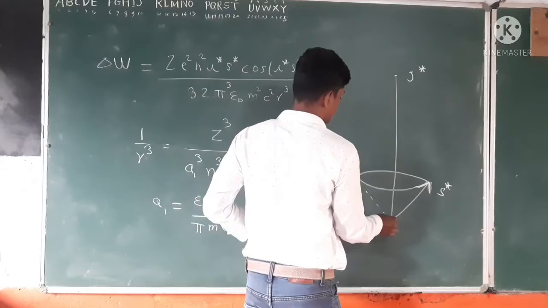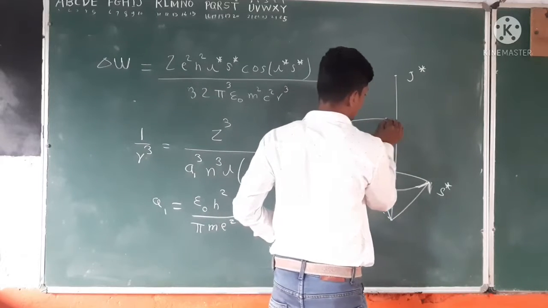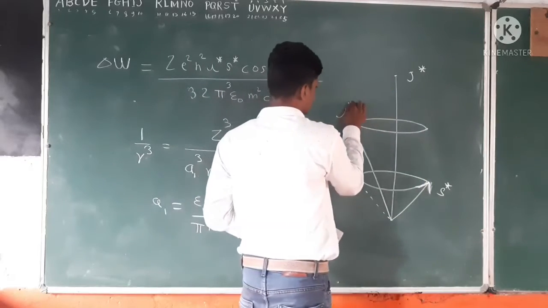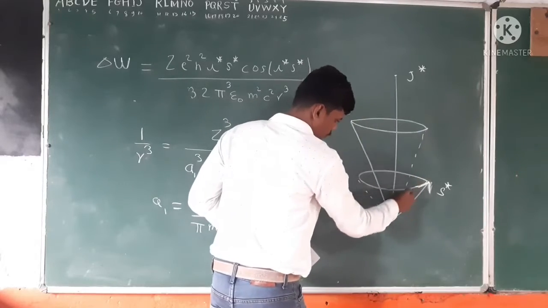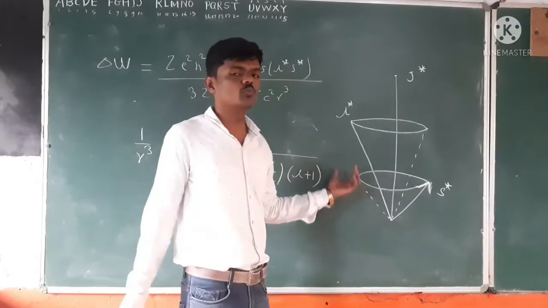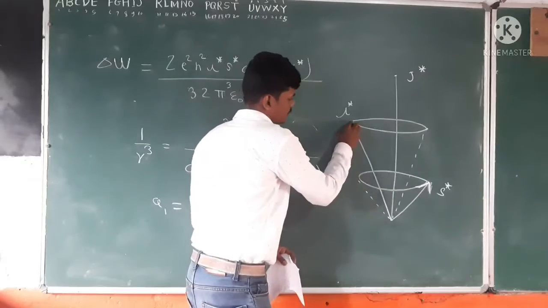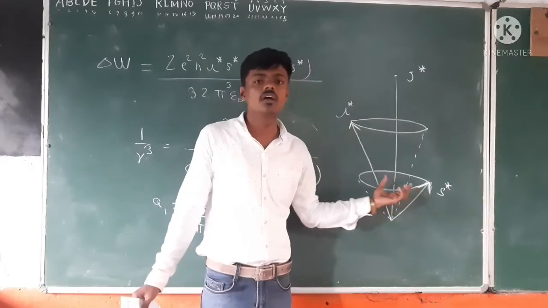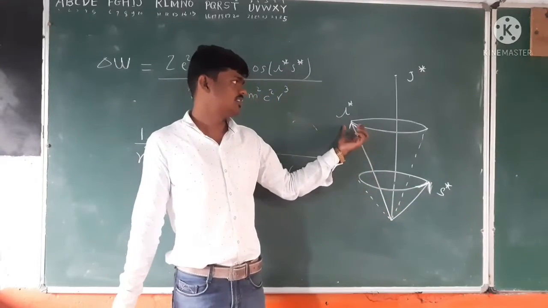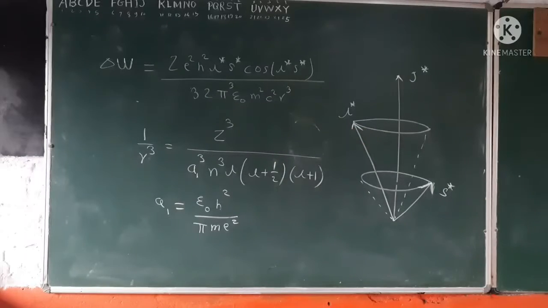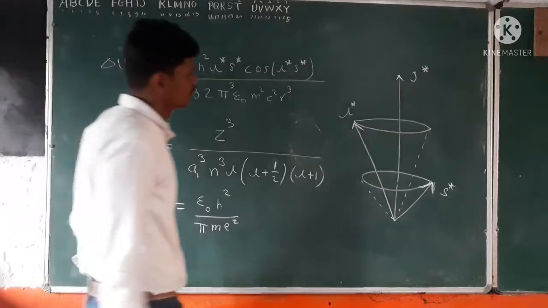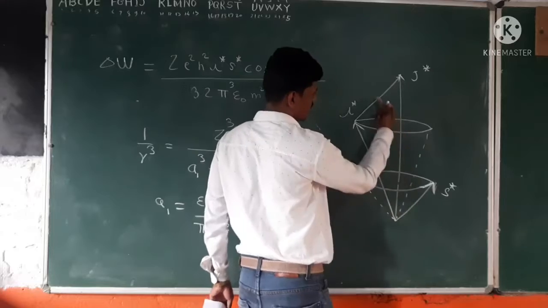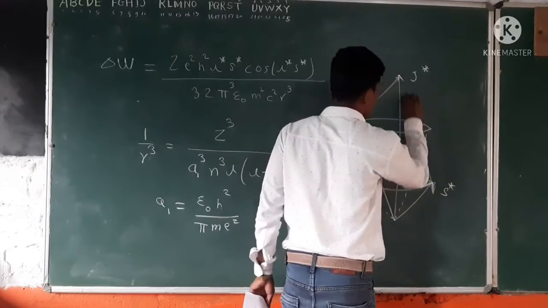Now consider another one. Obviously, it is the vector of orbital angular momentum, L star. So we got two angular momentum vectors. This represents the precession of a spin angular momentum vector, and this is the precession of an orbital angular momentum vector. In the book we have used vector addition like this, with the parallelogram.